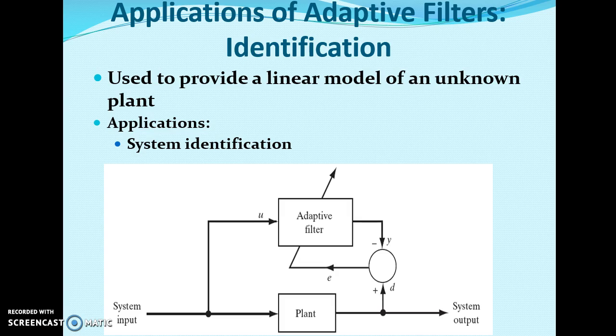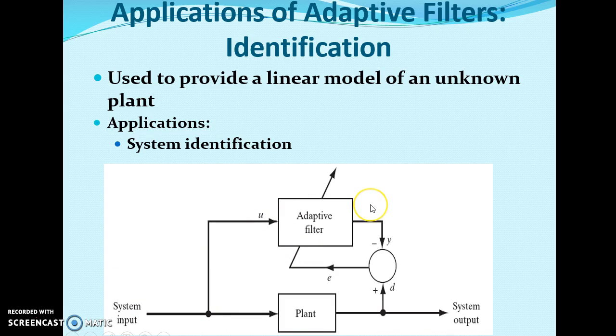The first one is identification. It is used to provide a linear model of an unknown plant, for example, system identification. We give an input to the plant, and this input is also given as input to the adaptive filter.